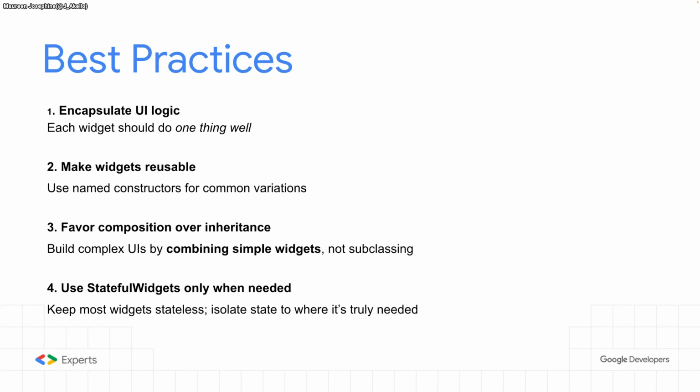Because it has the changing aspect, it's only recommended to use stateful widgets when you need to, so that you can maintain your app's state in terms of health, and also the processing aspect of it, so that you don't process too much. And for isolation, only use the stateful widgets when you need to.